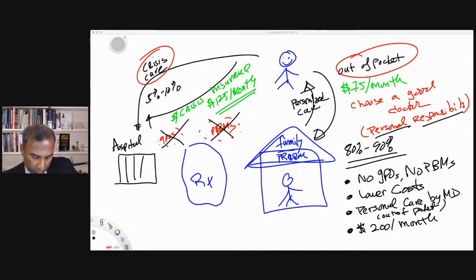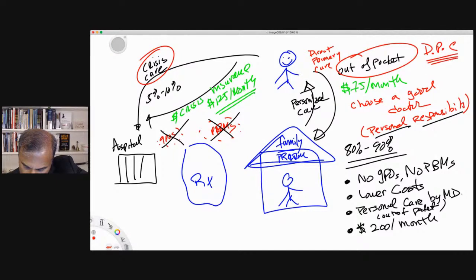And by the way, this is called DPC, direct primary care. DPC. So what DPC means is you pay out of pocket, you pay about 50 to 75 bucks.